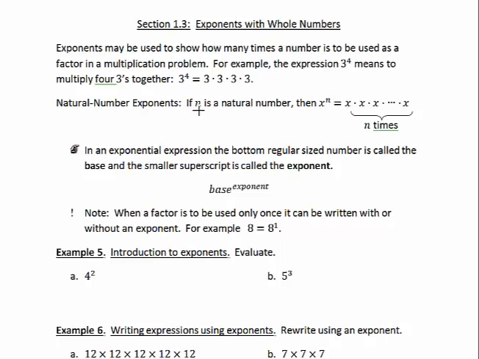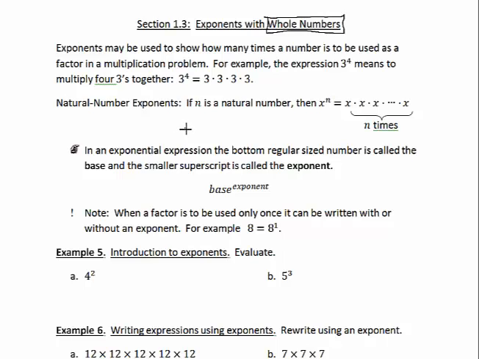In this case, n can't be any number, it has to be one of the counting numbers, the natural numbers. Then some number x could actually be any number. They didn't put any restrictions on it, but again, we're just going to deal with whole numbers for the time being. So x could be any whole number.